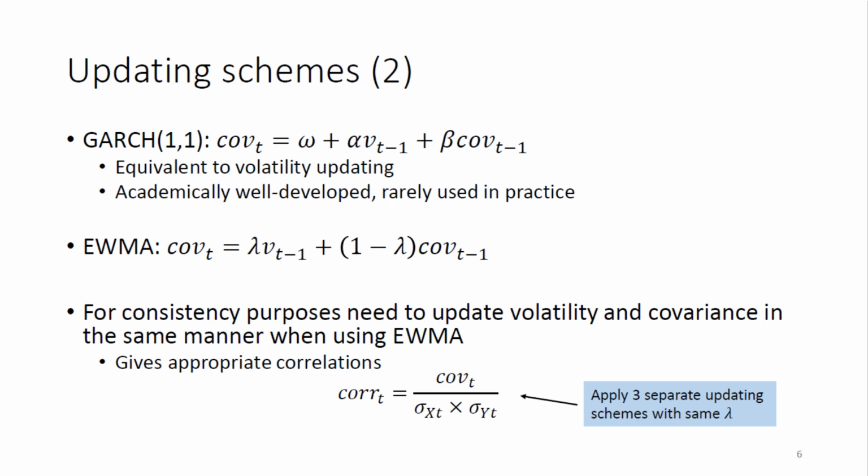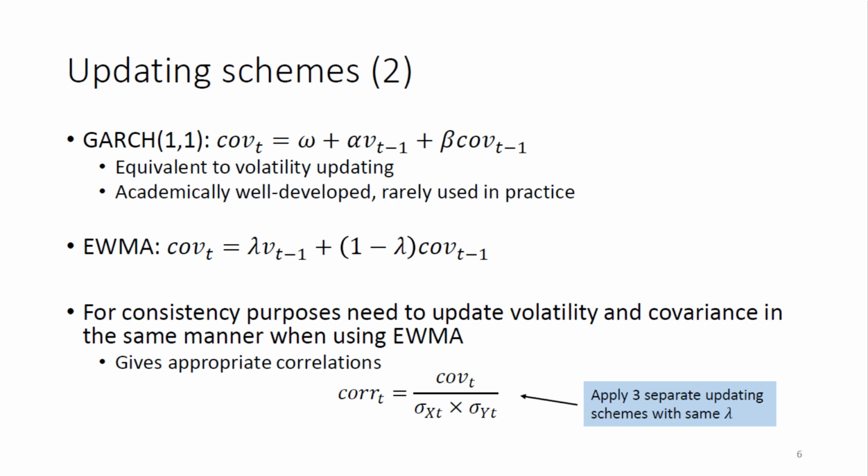Second way of updating the covariance element is by usage of the exponentially weighted moving average approach, same as we did with volatility updating. So then we say, well, we look to the observation that took place in the previous period, so the Vt minus 1, again, so that is the de-meaned x times the de-meaned y that's in there. And I weigh that with the value lambda.